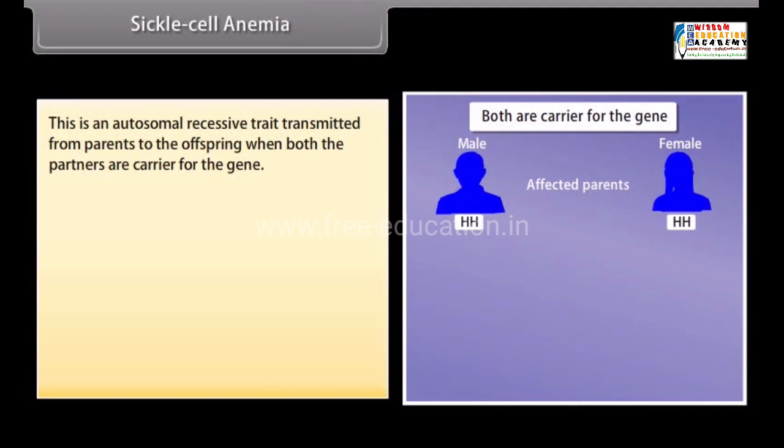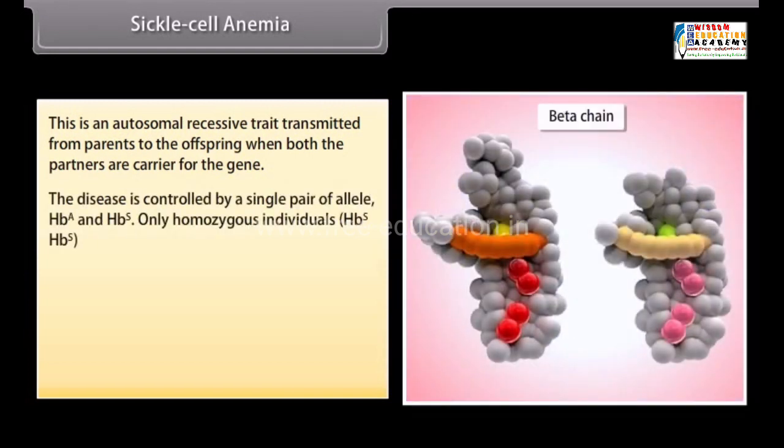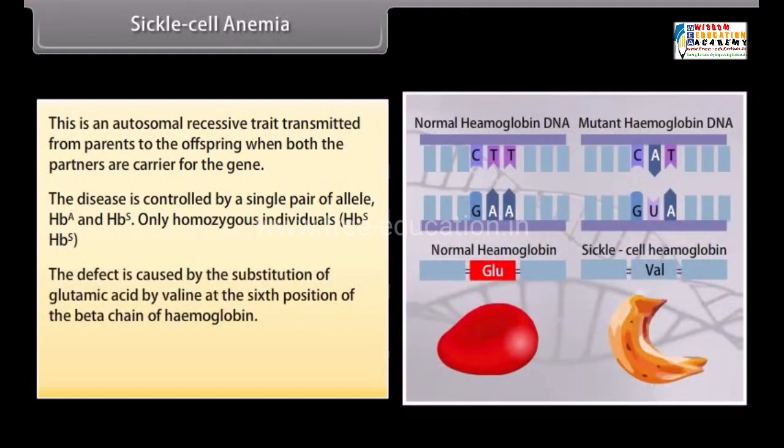Sickle cell anemia. This is an autosomal recessive trait transmitted from parents to the offspring when both the partners are carriers for the gene. The disease is controlled by a single pair of alleles, HBA and HBS; only homozygous individuals, HBS HBS, are affected. The defect is caused by the substitution of glutamic acid by valine at the 6th position of the beta chain of hemoglobin.